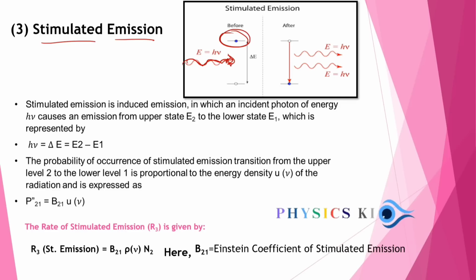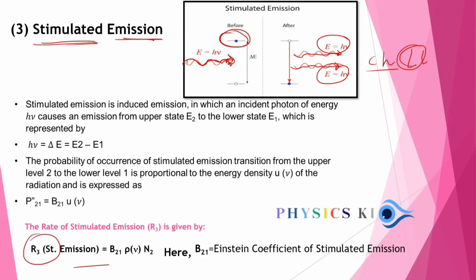This is the energy which is emitted, and again this photon is coherent with the other photon. So we get a coherent light, and this is your laser light. Got the idea or not? So this is all about stimulated emission, and the rate of stimulated emission is B21 rho v N2, and B21 is the coefficient of stimulated emission.